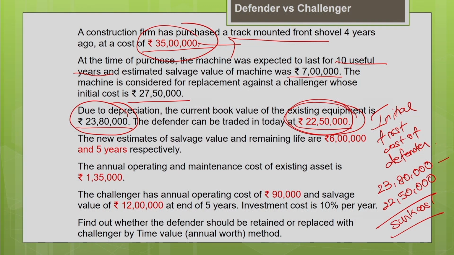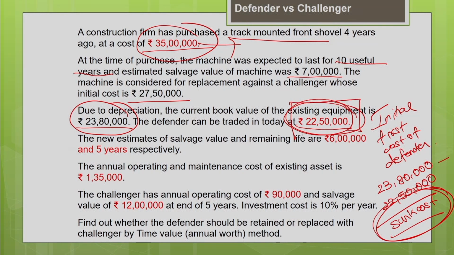This is a cost which you invested earlier, but it cannot be recovered. Sunk cost is a cost which cannot be recovered in the future or in the past. So, this sunk cost is also irrelevant. You should ignore it in the replacement analysis. What we are concerned with is only the market value, the current trade-in value, of your existing machine.